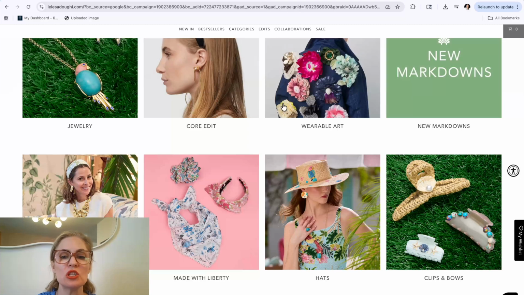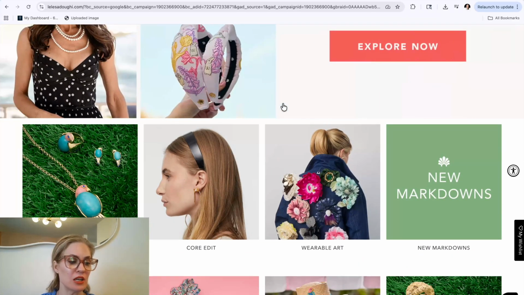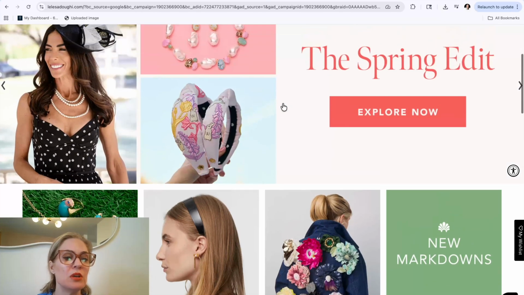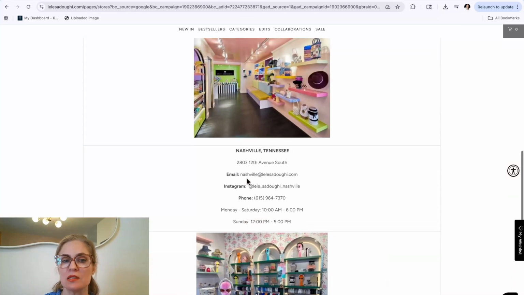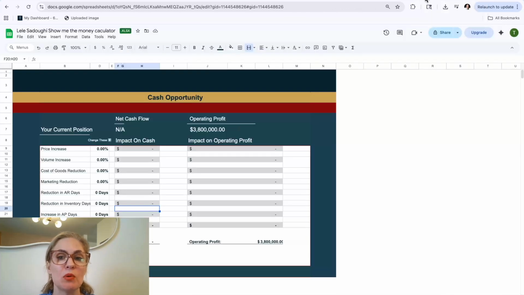So if she just started positioning herself as the finishing touch, the last thing you put on and the first thing people see about your outfit, if she turned her stores into styling events where stylists would accessorize the outfit you bring, this would dramatically increase how many times people purchase a year.